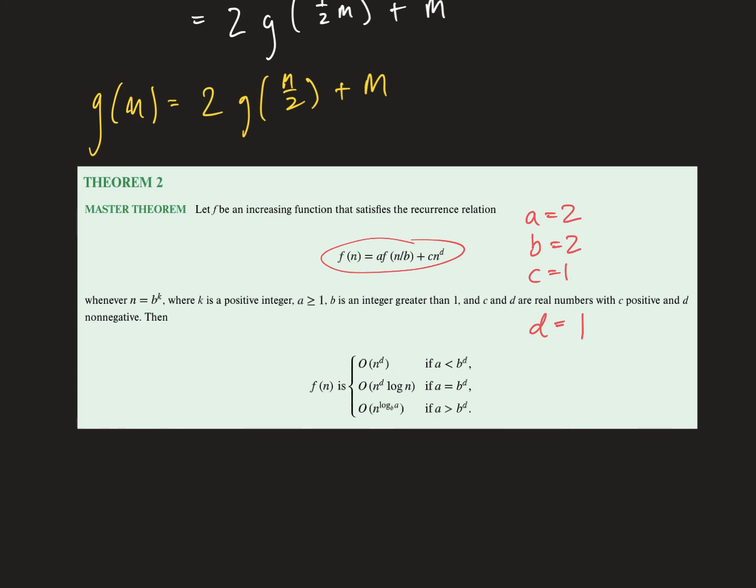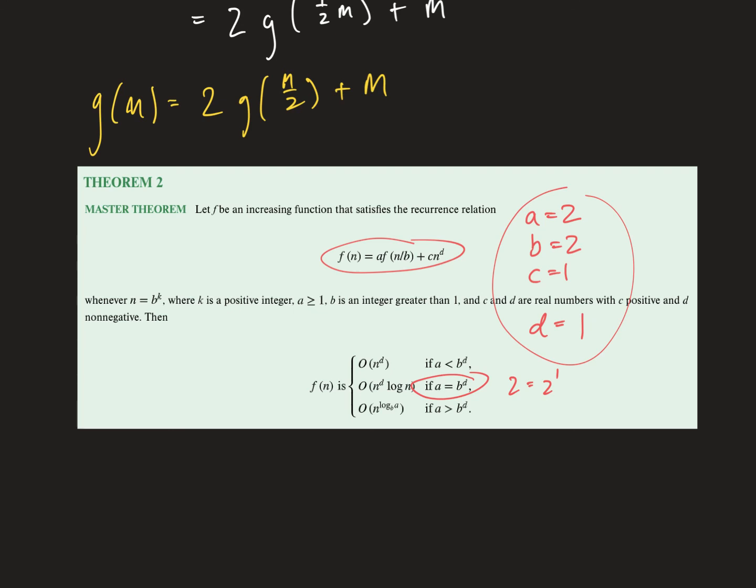We get these constants, which means b to the d is just 2. So in this case, a equals b to the d, right? 2 equals 2 to the 1.